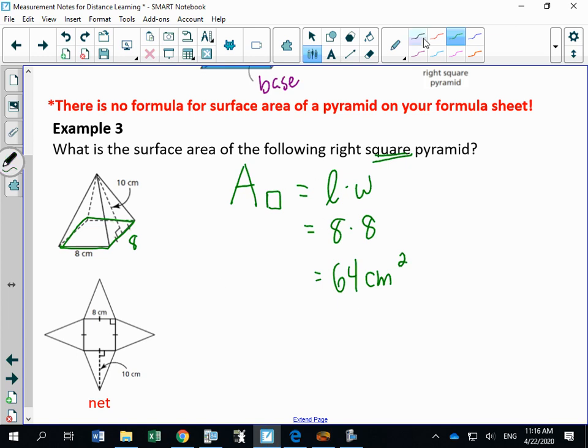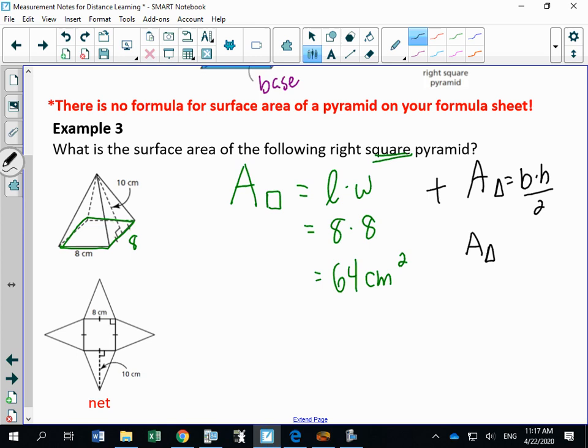And then to this, we need to add these triangles, right? So let's calculate the area of one of the triangles. Let's say I said paint this triangle here. So the area of a triangle is equal to base times height divided by 2.